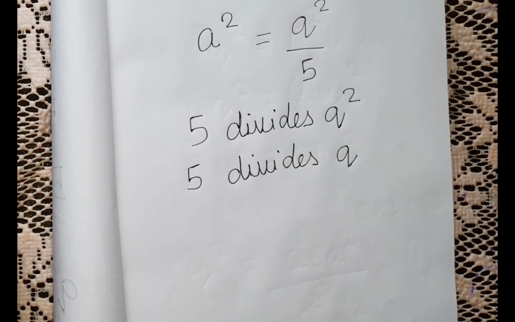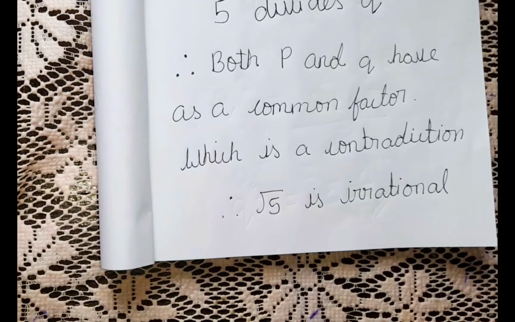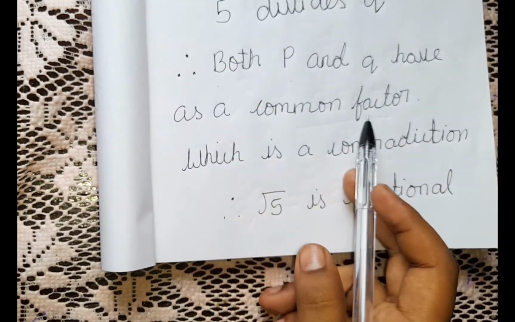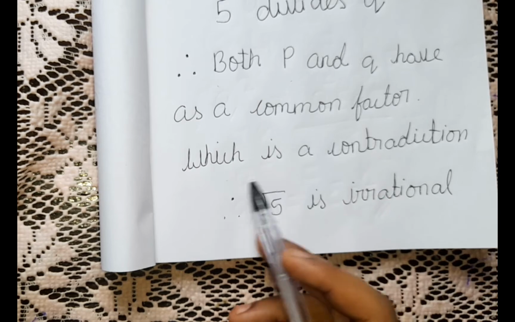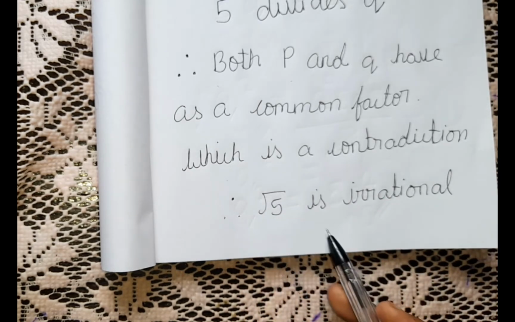That's why I wrote q, to get a proper answer. Now let's write, they both have a common factor. So p and q have a common factor. Now we wrote both p and q have 5 as a common factor, which is a contradiction. Therefore root 5 is irrational.